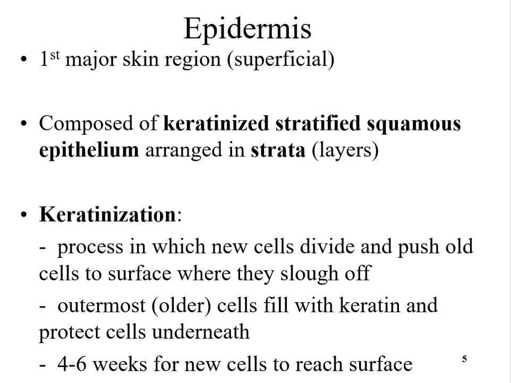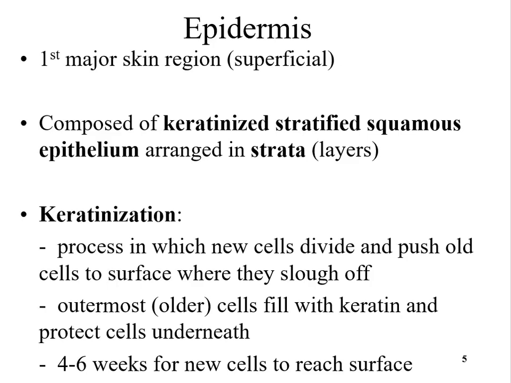It's a very homogeneous layer, relatively thin compared to the dermis. It's composed entirely of one tissue, keratinized, stratified, squamous epithelium, which, thinking back to our tissues, is multiple layers of squamous epithelial cells.